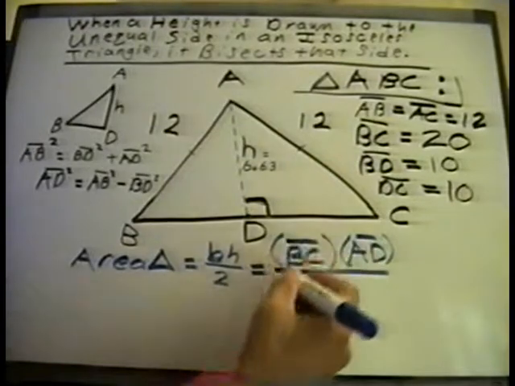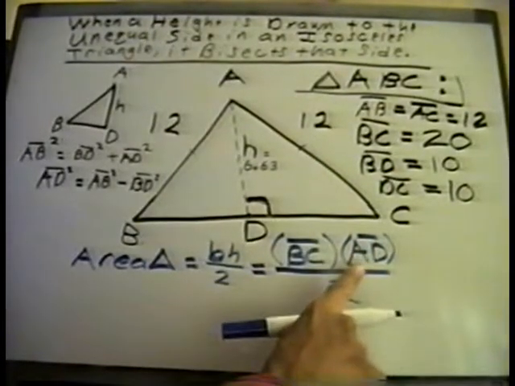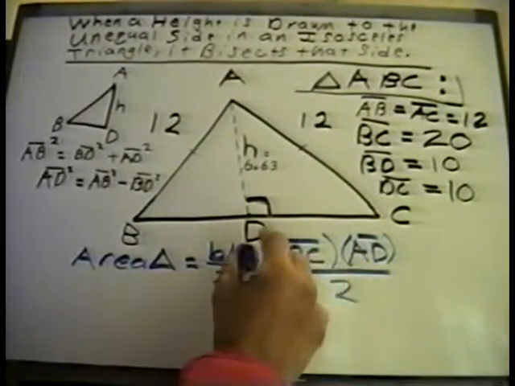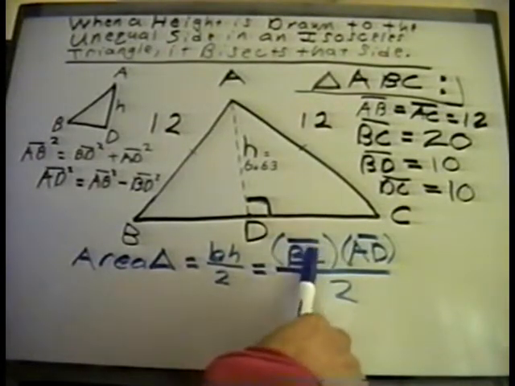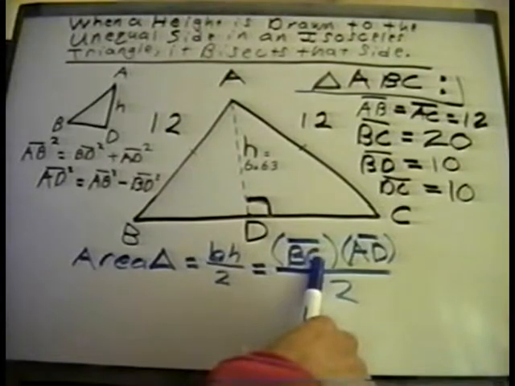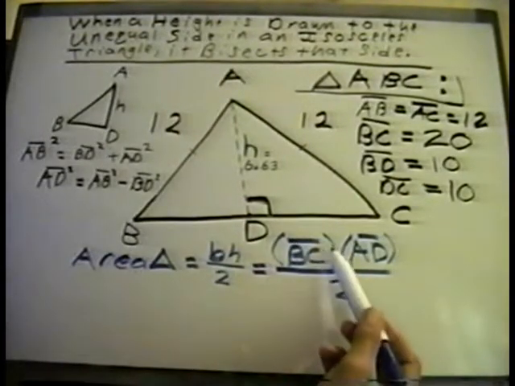over 2. And the reason we don't use H is that the way you're writing it would not be consistent. It's not consistent notation.